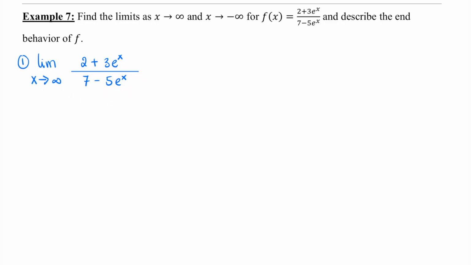So this is an infinity over infinity type. When working with exponential expressions, divide everything by the biggest exponential part in the denominator. In this case, that is e to the x. So we divide the numerator by e to the x and the denominator by e to the x.